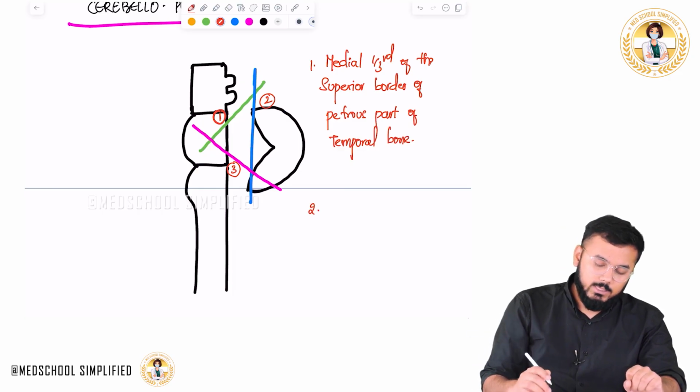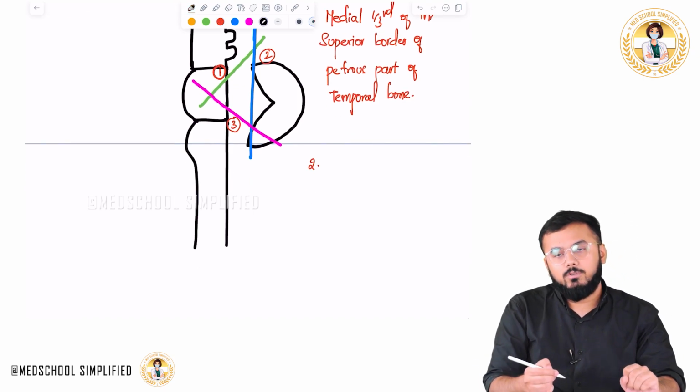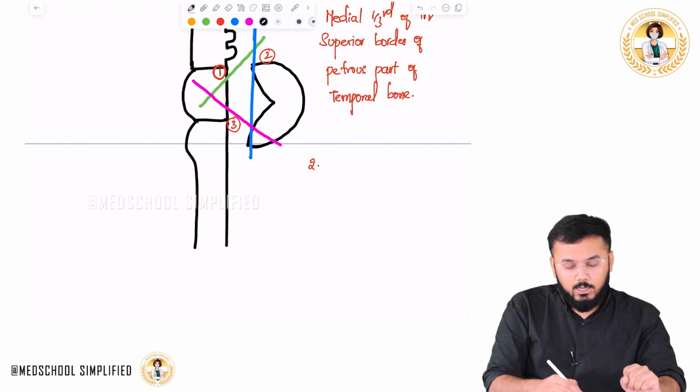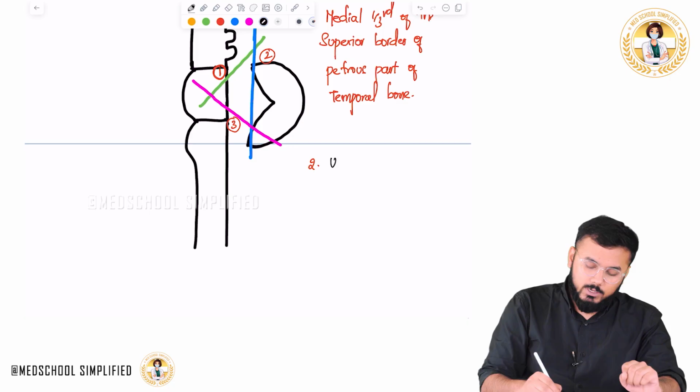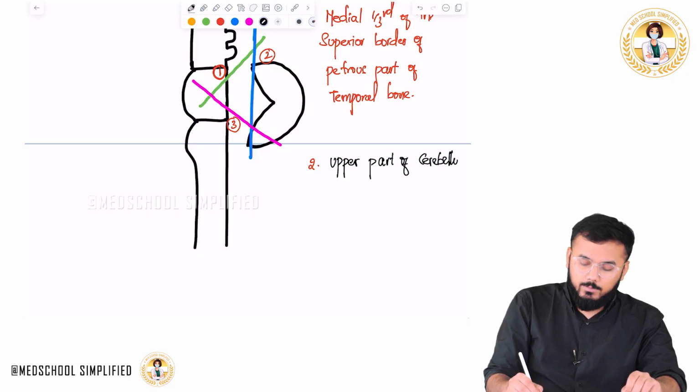Second important thing, if you see this second line, whatever I'm drawing, isn't this line crossing the upper part of the cerebellum, right? So the second important line is the upper part of the cerebellum.